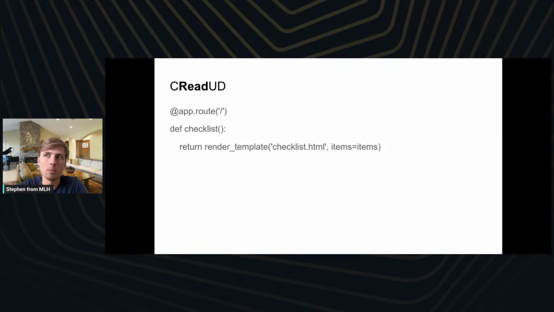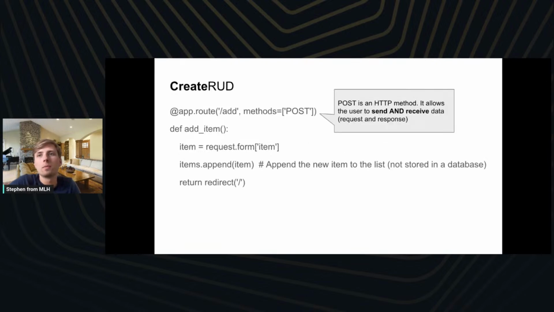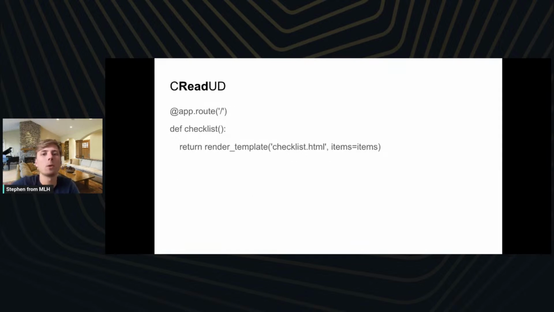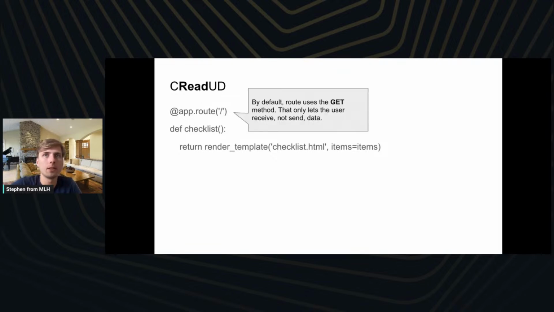And this second argument here, items equals items, is going to pass additional information to checklist.html. So it's going to let us customize that HTML file in a way that is dynamic, and that would change over time. And it makes a lot of sense then why we would redirect the user to the home directory after creating a new task, because then we want to display that task in the checklist, right? So now we've created our read functionality.